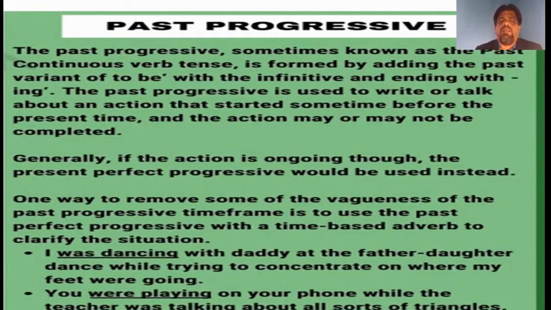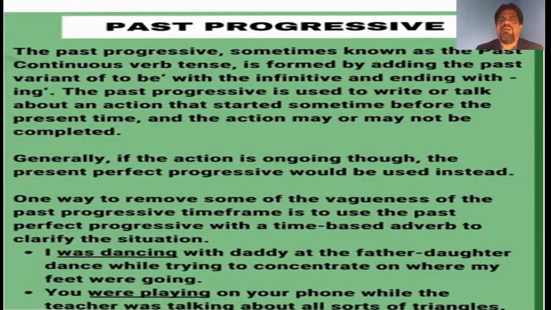You were playing on your phone while the teacher was talking about all sorts of triangles. It happens in the classroom, especially when you study. By the time the teacher was talking and you were playing, both actions were incompleted actions in the past. And this is how we use a past continuous tense.